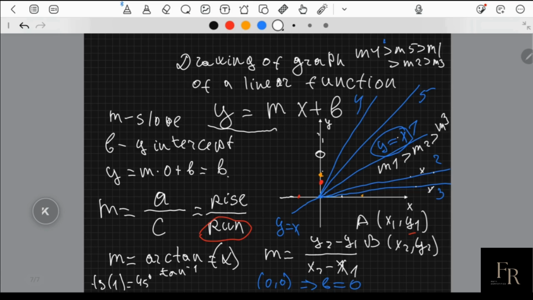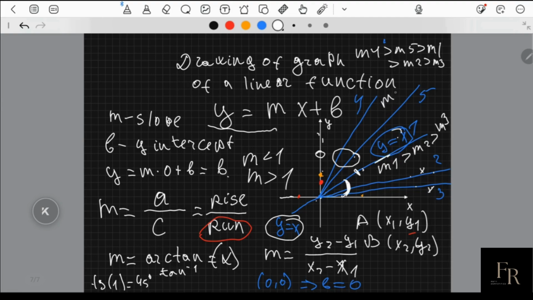So remember, it's always easier to draw y equals x. If the line is under this y equals x function, then m is smaller than 1. If the line, like here, m4 and m5, is higher than this line, then m is bigger than 1.